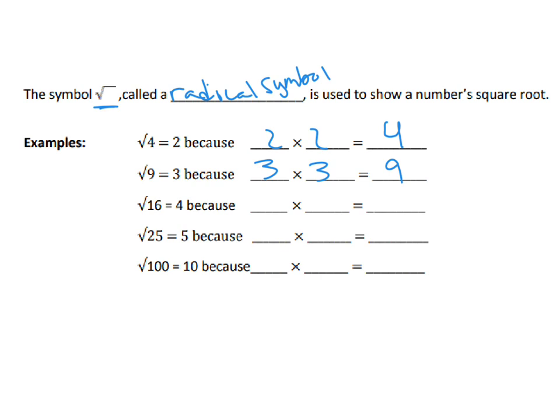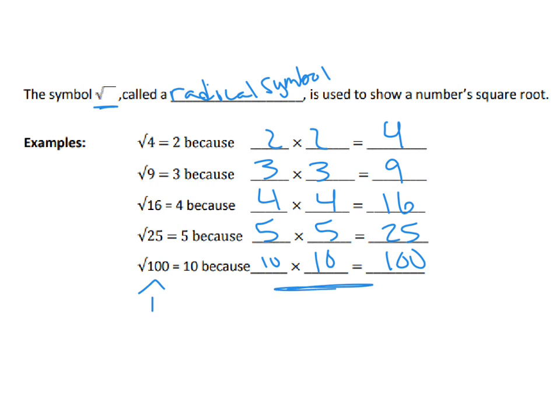Square root of 16 is 4 because 4 times 4 is 16. Square root of 25 is 5 because 5 times 5 gives you 25. And the square root of 100 is 10 because 10 times 10 gives you 100. So notice square roots and perfect squares are opposites of each other.